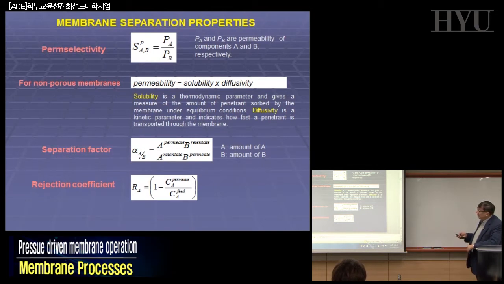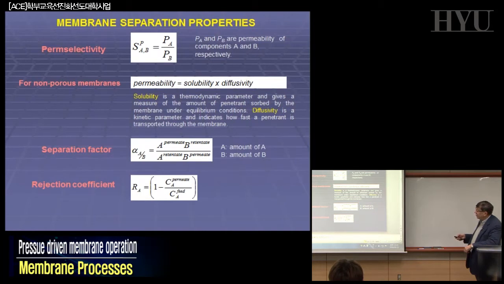Separation factor, which is different from permselectivity, between the species A and B, is alpha A B, and is given by the amount of the species A in the permeate multiplied by the amount of the species B in the retentate, what is not going through the membrane, divided by the concentration of A in the retentate, that means in the concentrated solution, multiplied by the amount of B in the permeate.